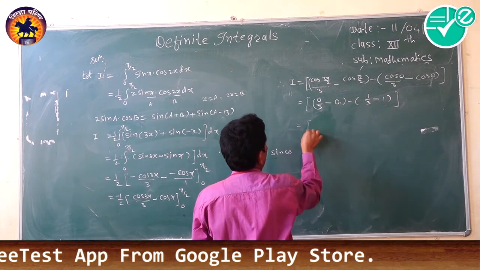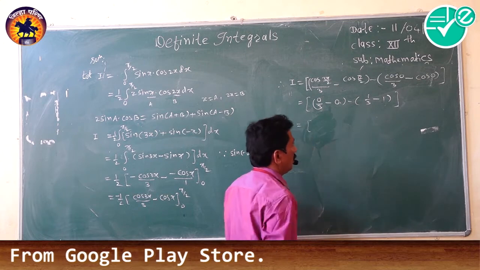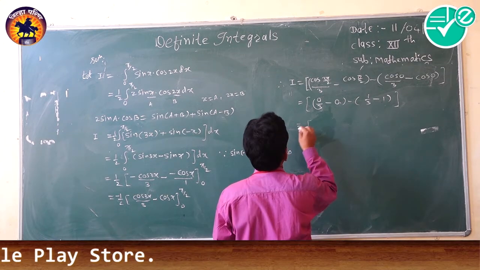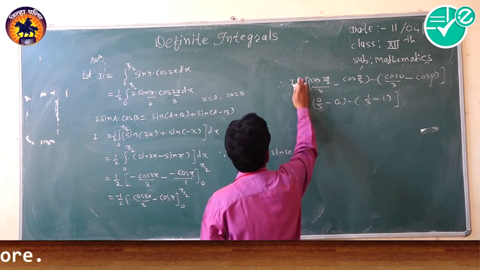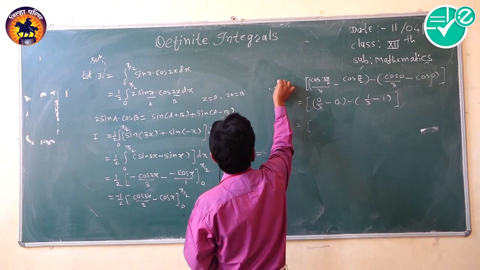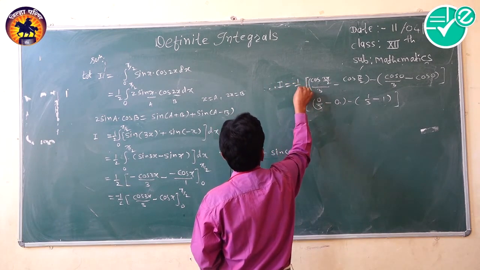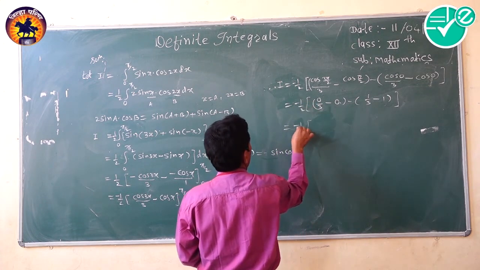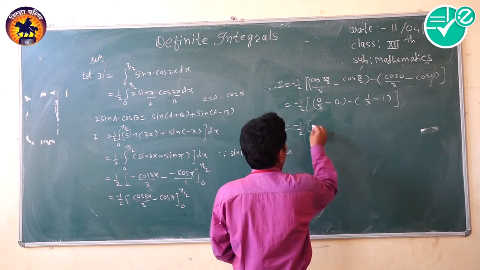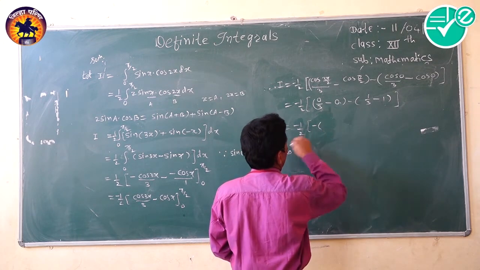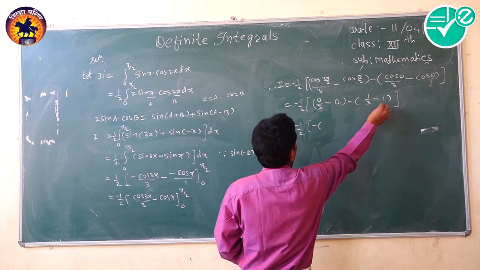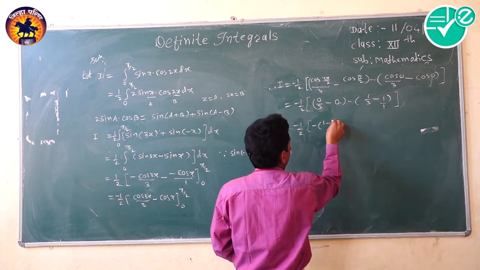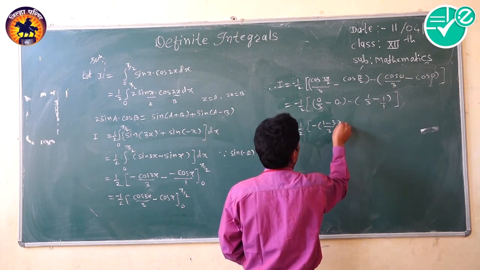This becomes 0, this is 0, and here is minus half, that is minus of 1 minus 3 upon 3.